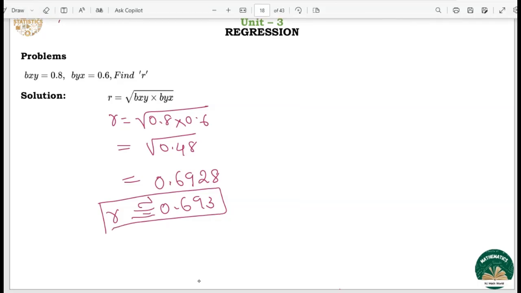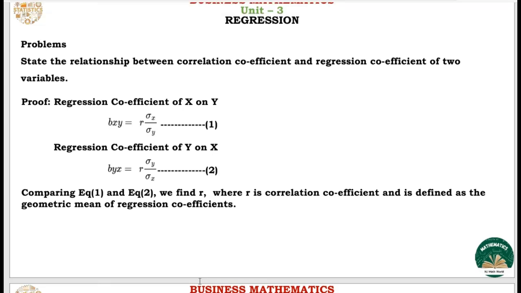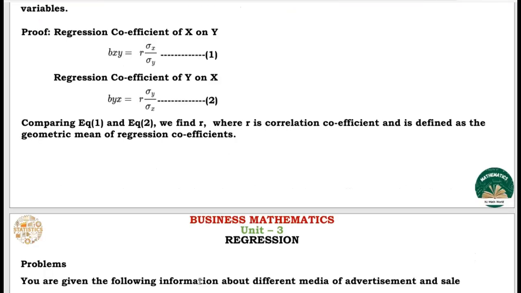Moving on with the next one we have. The problem states the relationship between the correlation coefficient and the regression coefficients of two variables. Regression coefficient of x on y is bxy equals r sigma x by sigma y, equation 1. Regression coefficient of y on x is byx equals r sigma y by sigma x, equation 2.